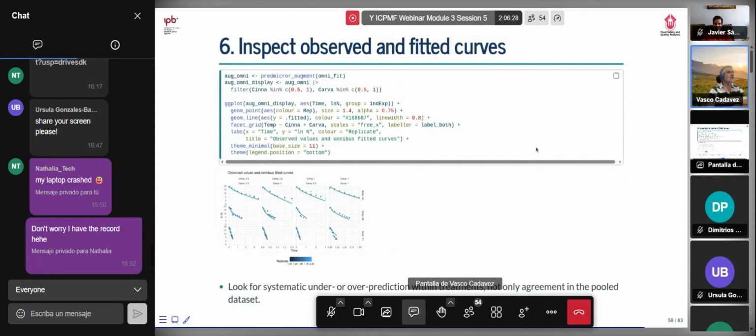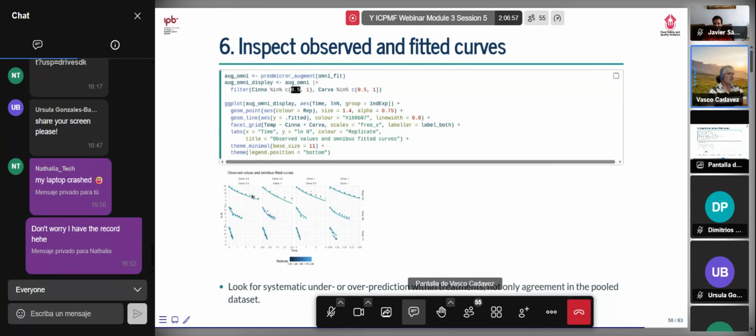And now let's look at the result. We will obtain the fitted values with the predmicroR augment. So we store it in this augment object, and then I will display only the data for cinnamaldehyde 0.511 and carbachol 0.511, to be more restricted, and then we plot it.